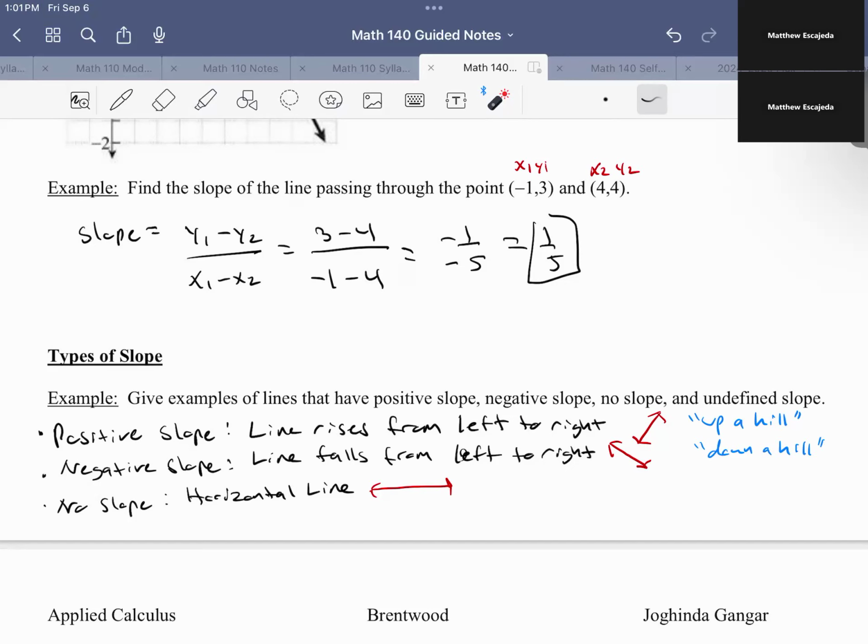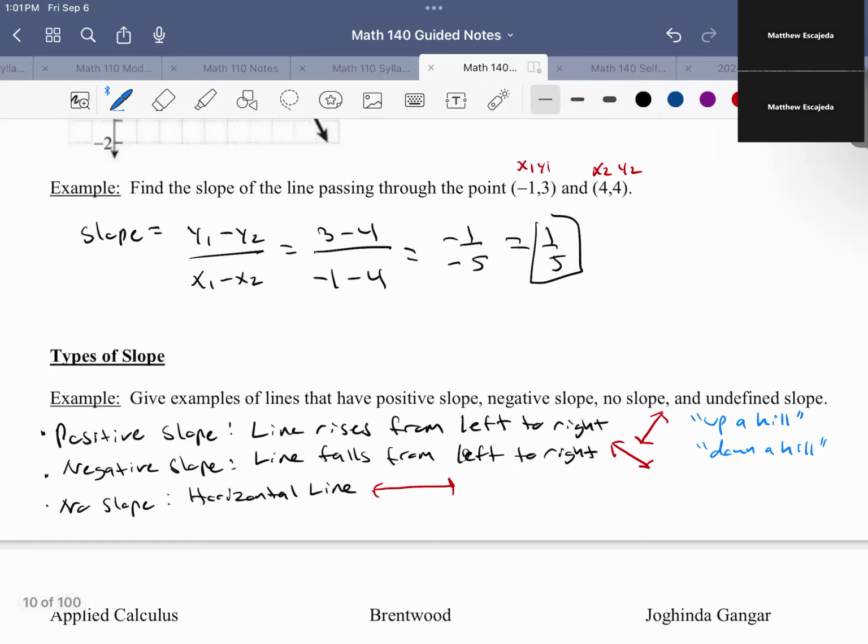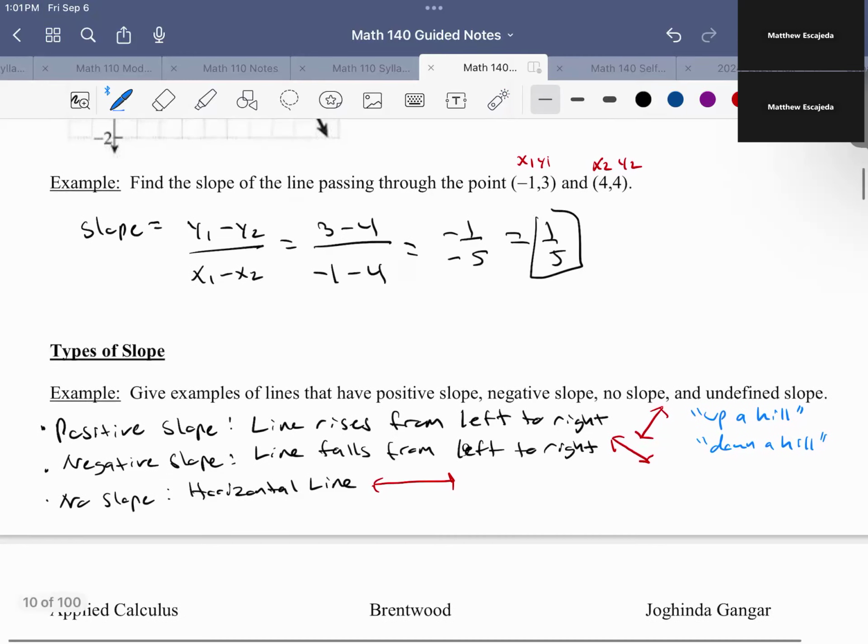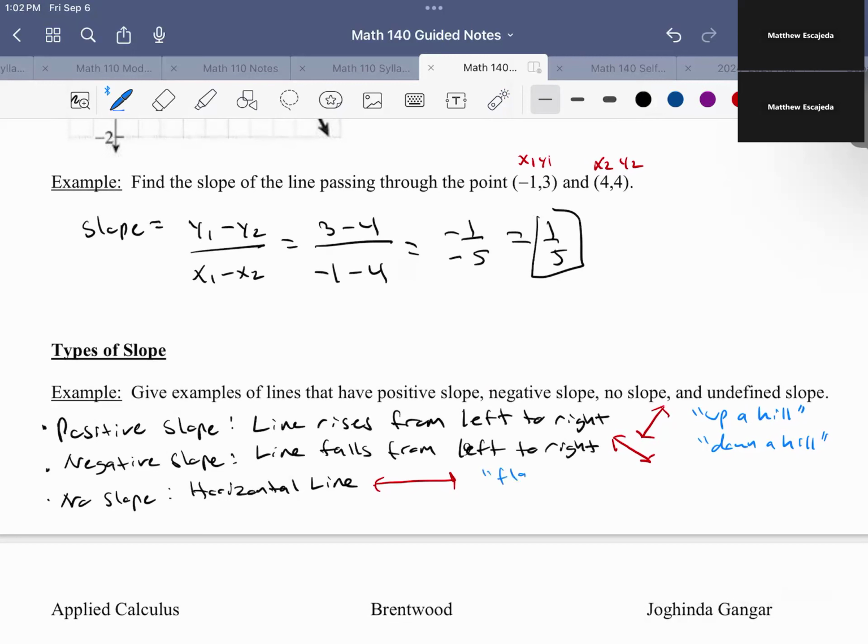It's like you're just walking on a flat surface. Flat surface, no slope.